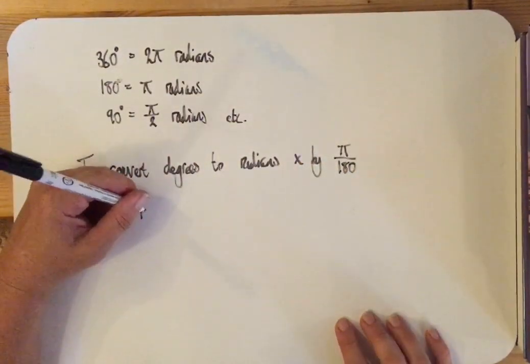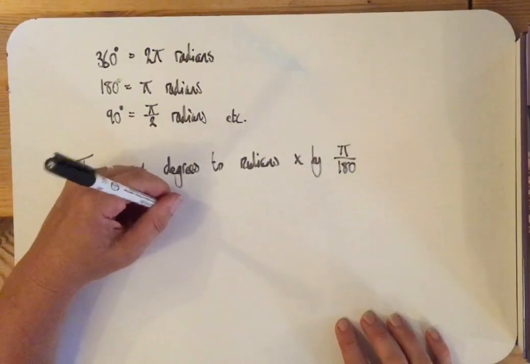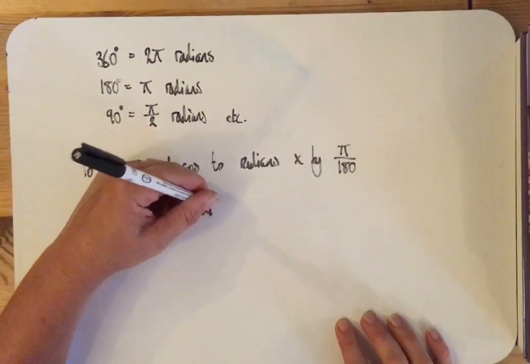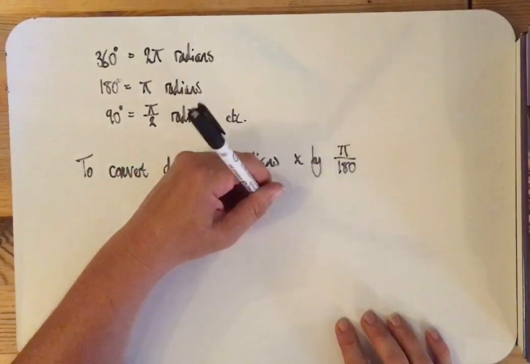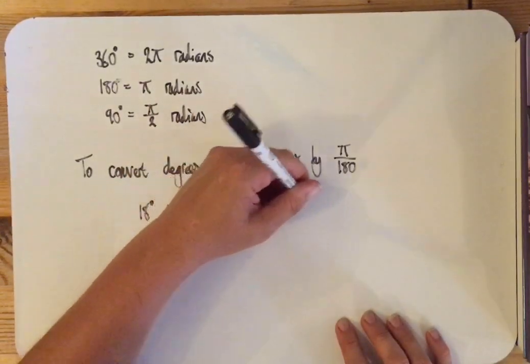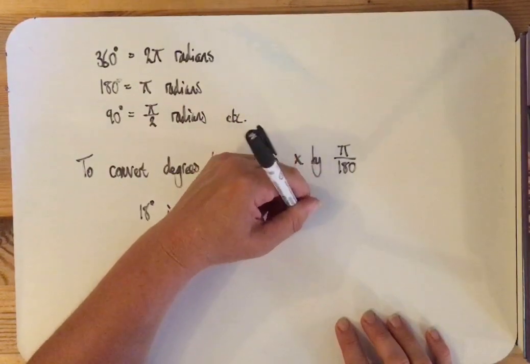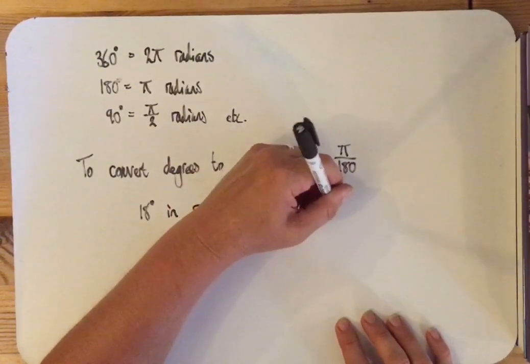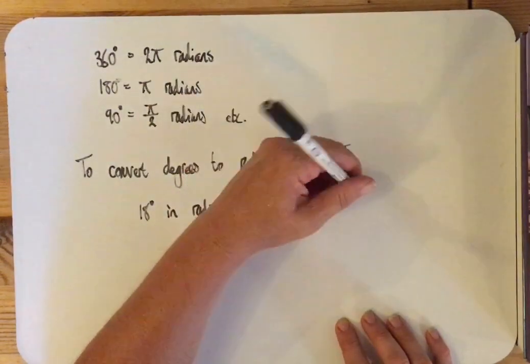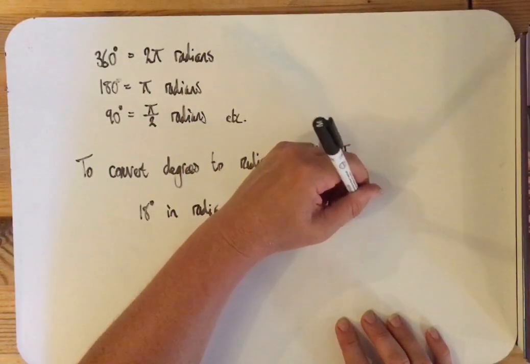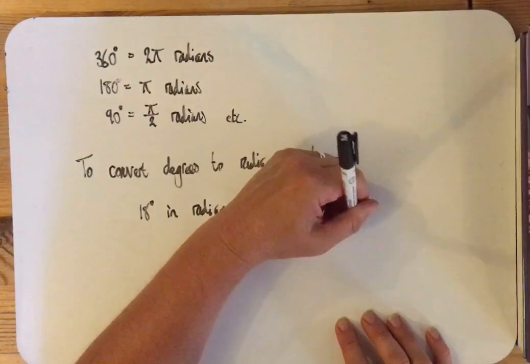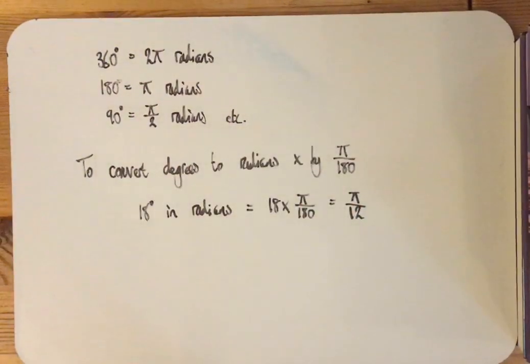So for instance, 18 degrees in radians is equal to 18 times pi over 180, which is pi by 12.